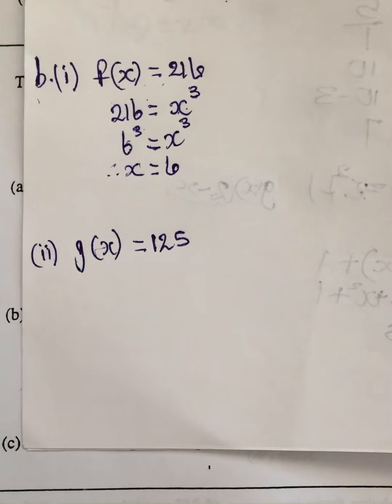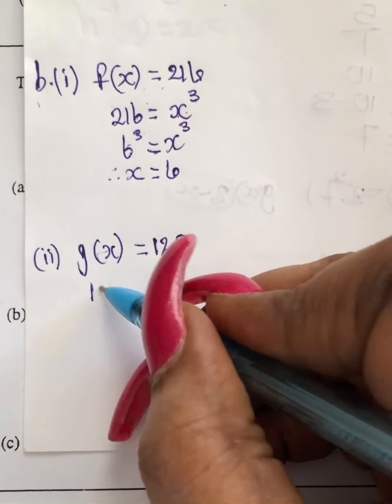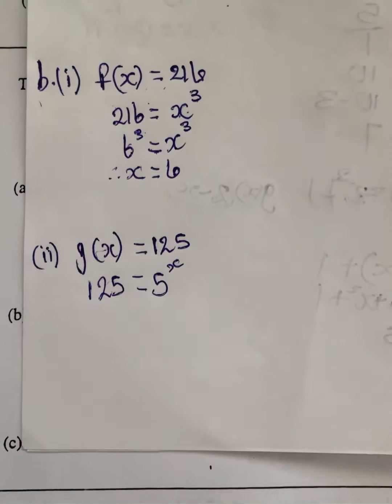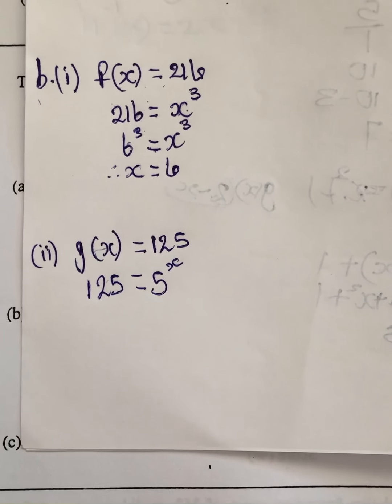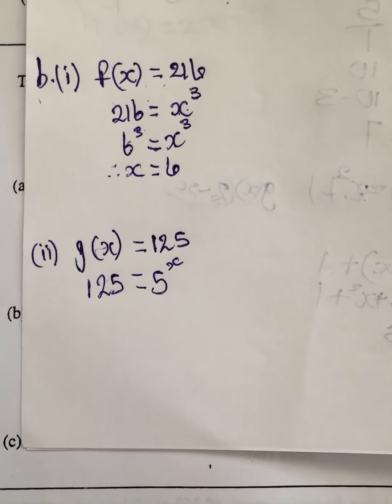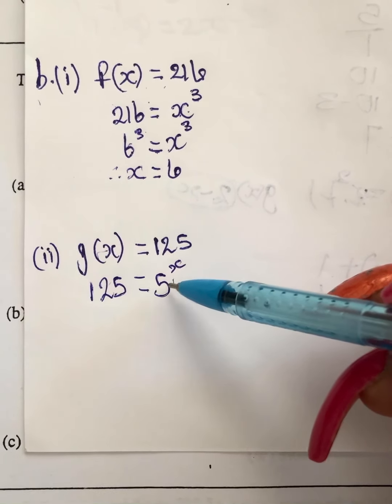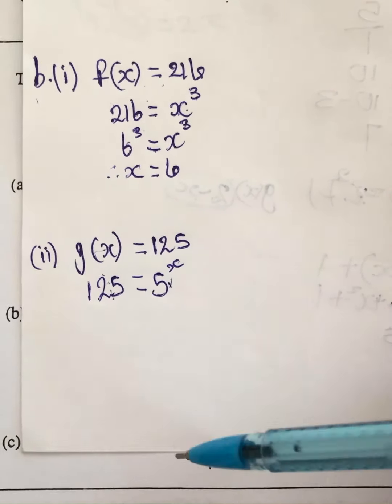Let's look at our g of x equals 125. We do the exact same thing again. We're using 125. And our g of x was 5 raised to the power x. So in this case now, it's kind of reversibility. We were working with the same powers for the previous one. Now we are working with the same base. This base is 5. I need the base over here to be 5 as well.